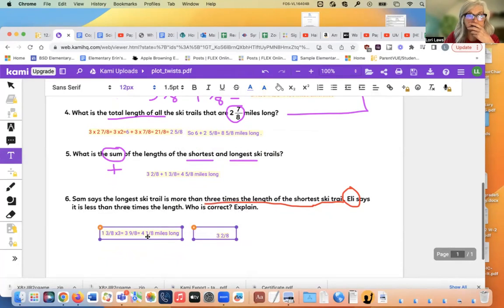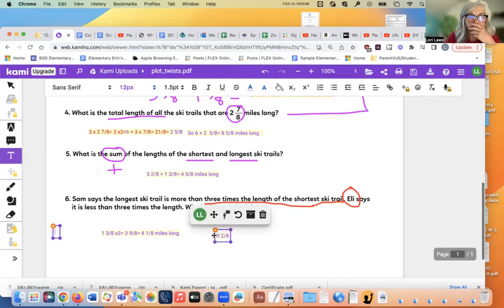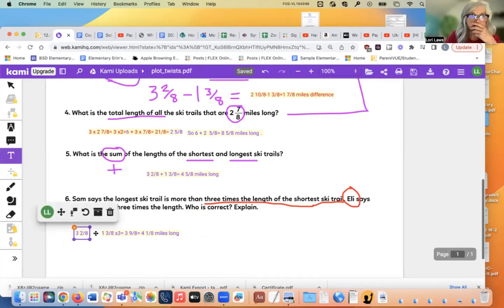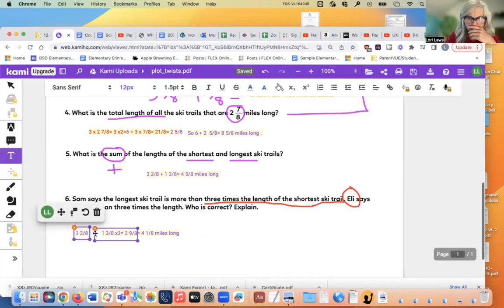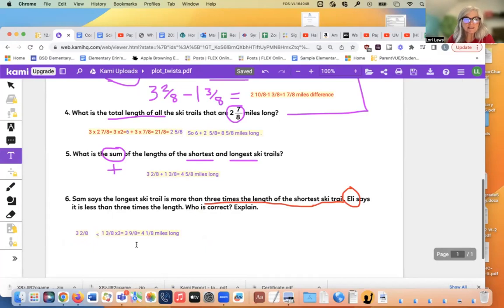So in other words, the longest ski trail, I'm going to move it over here. Come on, you're supposed to move. Why are you not moving? There we go. I don't know how to make the greater than less than sign. Oh, there it is: less than 3 times the shortest ski trail.